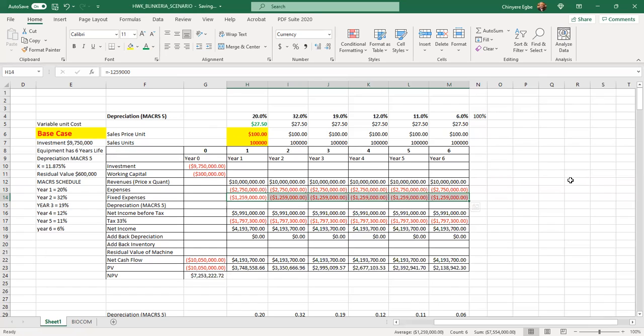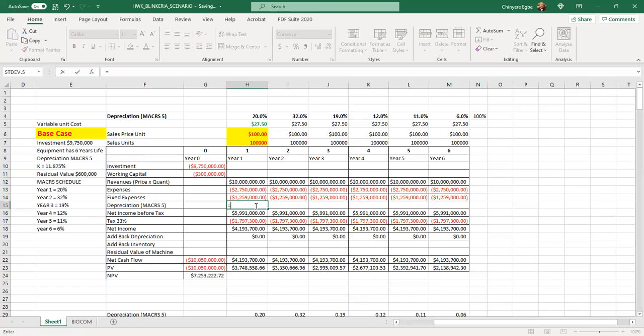All right, and so the depreciation is MACRS 5. Okay, that will be equals H4 times $G$10.